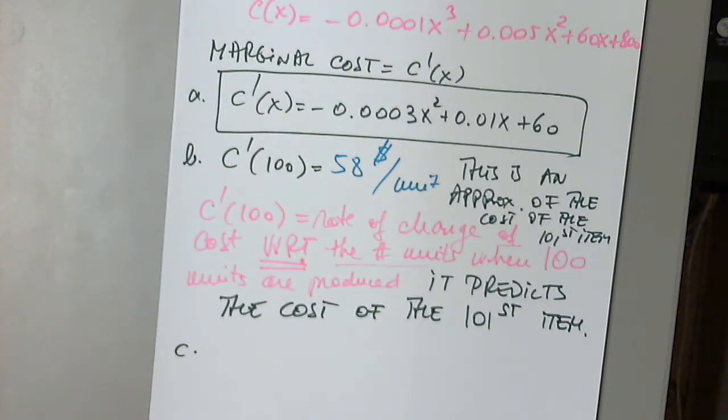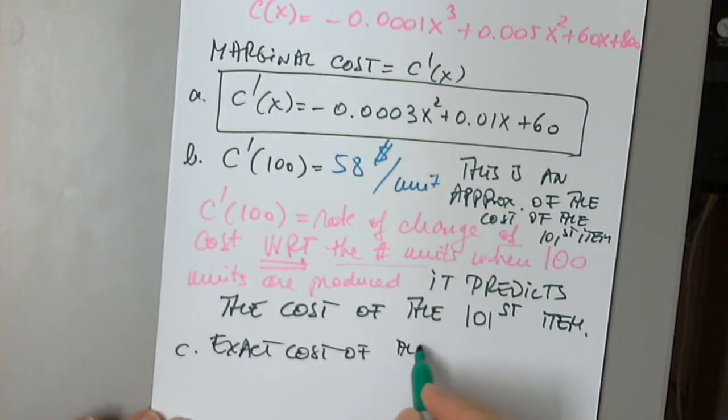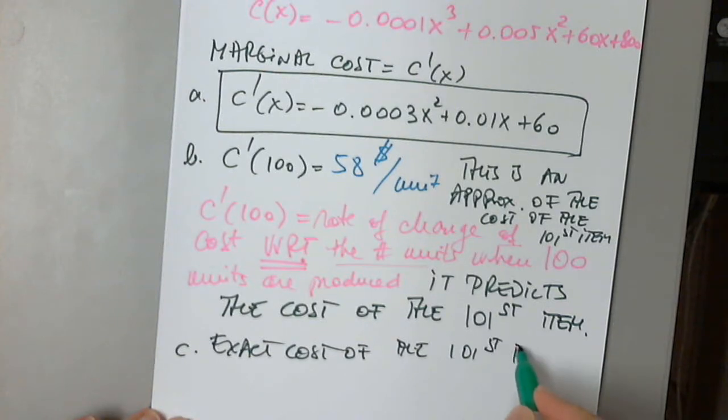Okay, now in part C, we're asked to find the exact cost of the 101st item. How do I determine that? Let's assume we go to the store and buy 10 pencils, but we don't know the cost of one pencil.